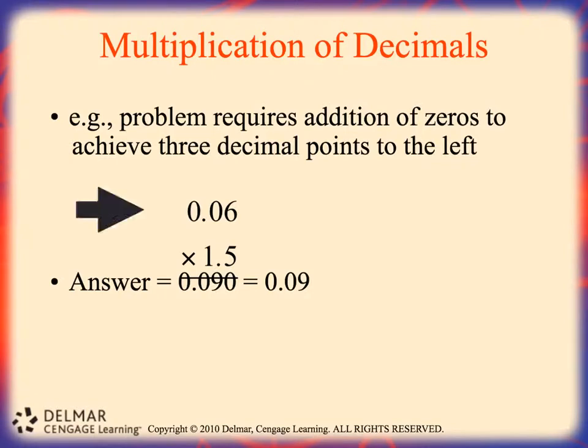If we're going to multiply 0.6 times 1.5, we come up with 0090, and we have to do 3 decimal places, and so we add the 0 in front of the 9, put our decimal point there, and then we get rid of the trailing 0 for an answer of 0.09.